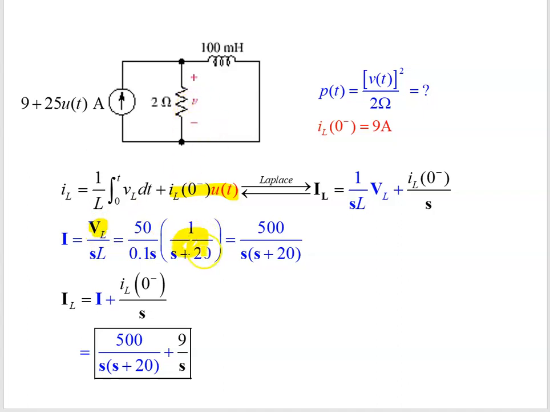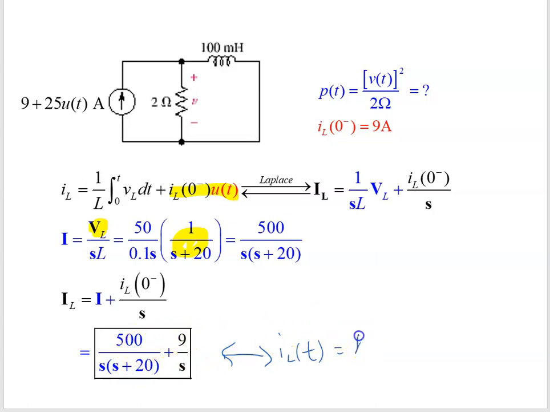It's the same V, and we can solve for our current, and we end up with the frequency domain version of that current, and then that's going to transform. Our IL of t then, we'd have to do our partial fraction expansion.